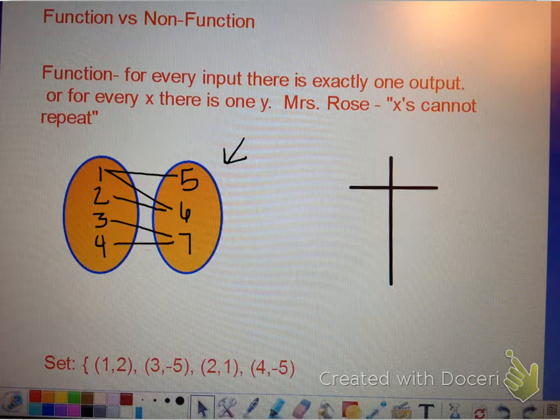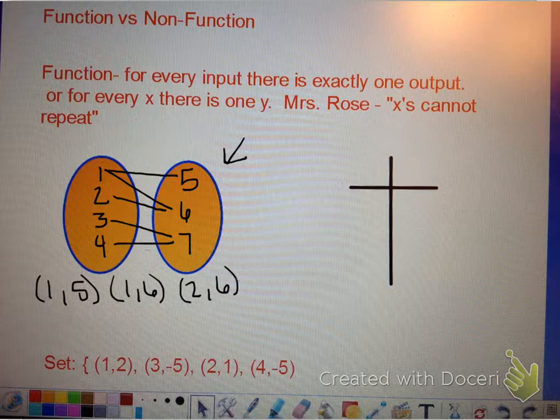And you would think to yourself, okay, is this a function? Well, if I were to write these points out, it would be 1, 5, 1, 6, 2, 6, 3, 7, and 4, 7.